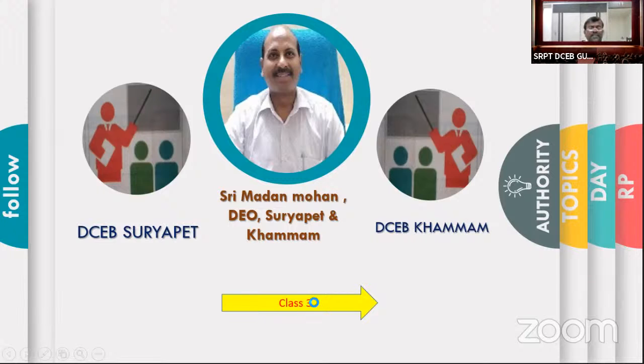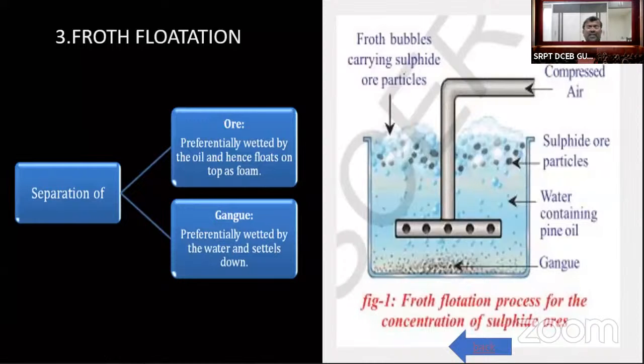Now, let us first see what we learned yesterday. Let us try to recall. We started with the froth flotation method. This is also a method of dressing the ore, or concentration of the ore. Particularly, ores like sulfide ores are dressed in this froth flotation method.